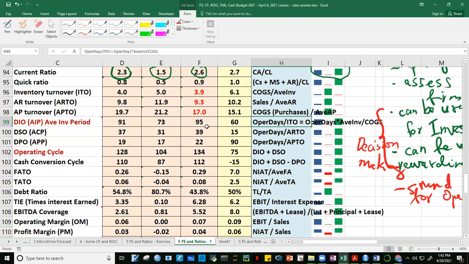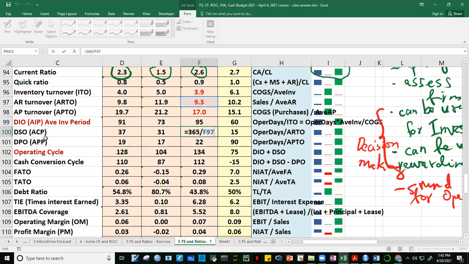So since may ITO na tayo, guys, we can now compute for the days inventory outstanding. So it's assuming that the operating days of the company is 365, it's 365 divided by the ITO. Okay?